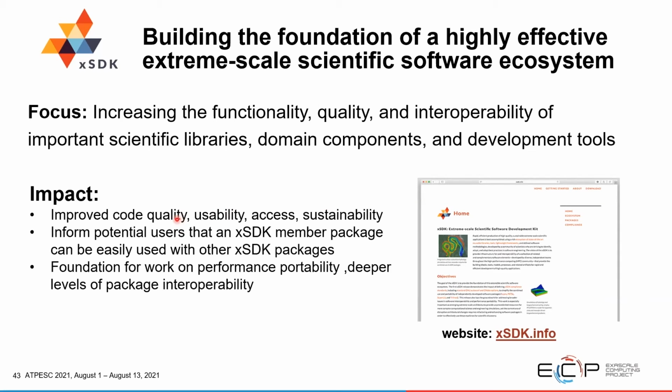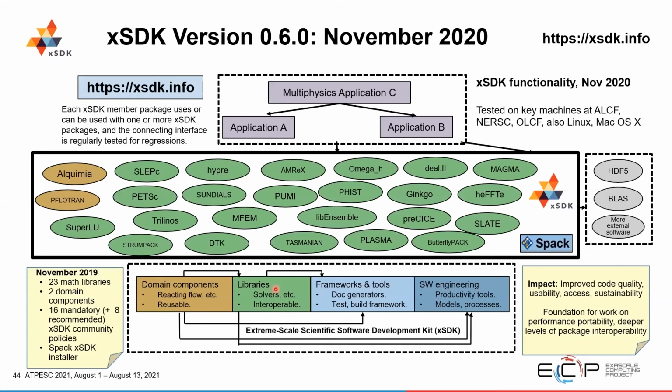We wanted to make sure the code quality is there and that it's sustainable, so that any user who wants to use an xSDK member package knows that certain quality standards are addressed and that they can expect this from those packages.